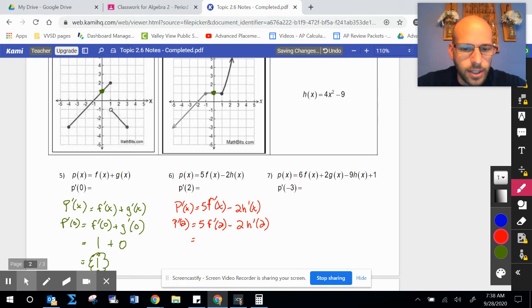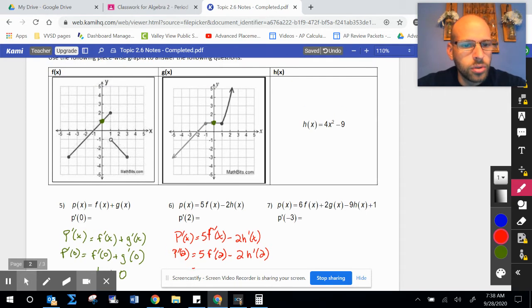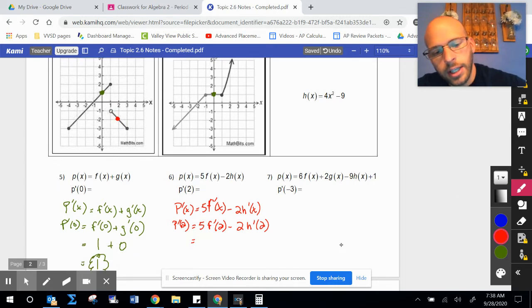So if I do this, f prime of 2 is that slope, which the slope of that linear piece is a negative 1 minus 2 h prime of 2.